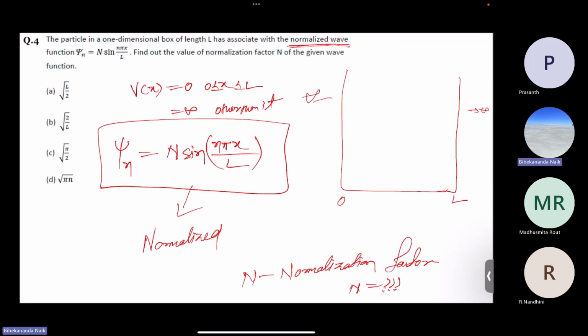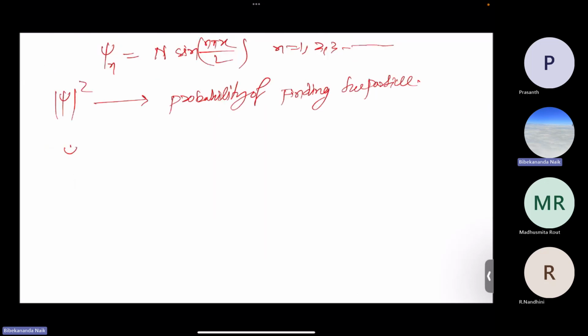So since here the potential is 0 from 0 to L and it is infinite everywhere else, the particle should be contained in this box, the potential 0 to L. According to this, psi square, if you integrate from 0 to L, it should be 1. So this is called the concept of normalization.